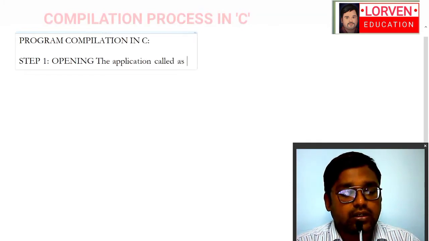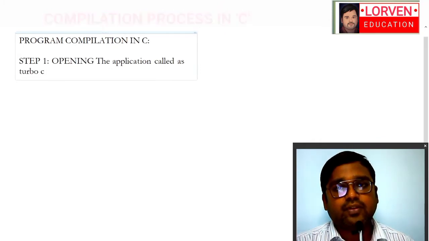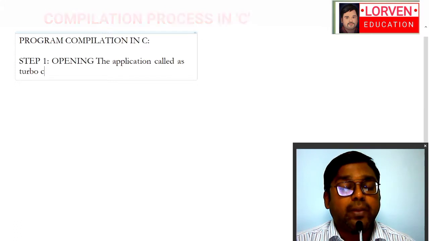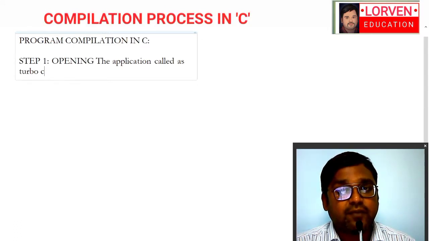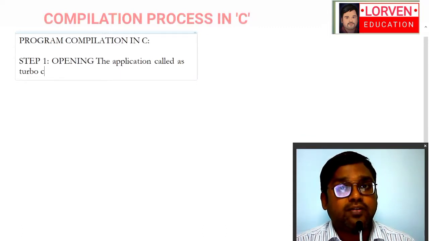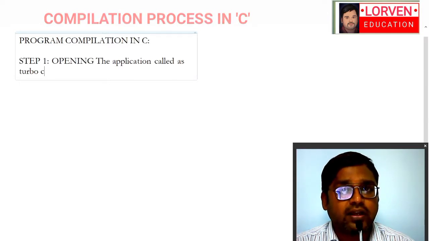called Turbo C. When we were talking about the translators in C programming, we made a comparison of translators and interpreters, and after seeing the different points of compiler and interpreter, came to a conclusion that the C compiler is the best one.